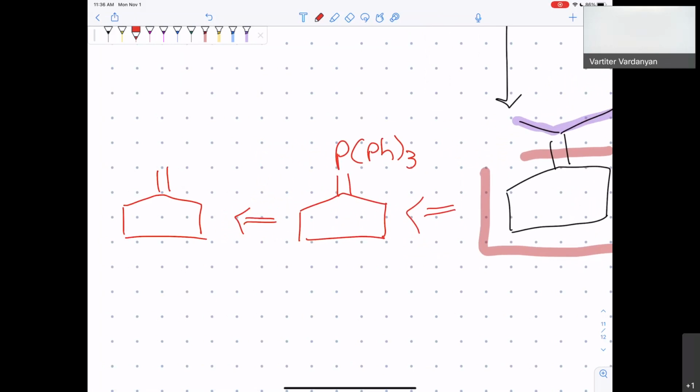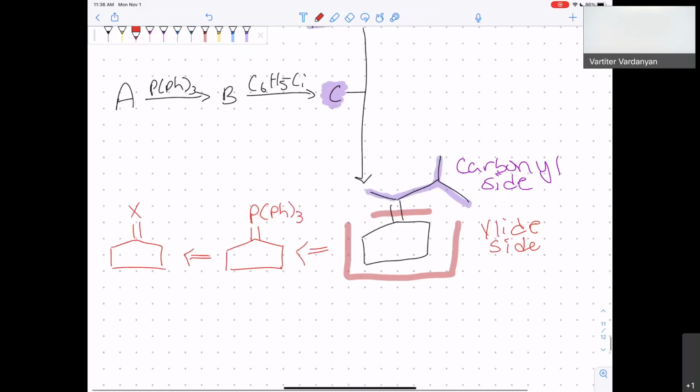There's no way for you to tell which halogen it was, so I'm just going to give you an X. So if we zoom out, this guy is going to be C, and this guy is going to be A. And then if for some reason he asks you for B, which he's never done before, all you would do is remove the double bond and put a plus charge on the P.